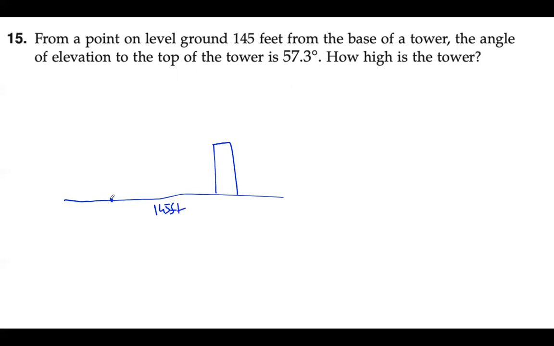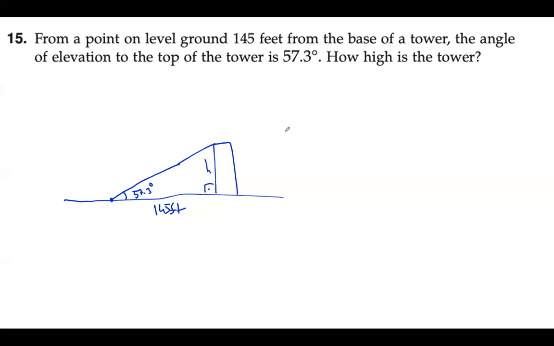The angle of elevation, you know, is the angle from the bottom to the top of the tower. So this is the angle of elevation. It's given, they said 57.3. So I'm writing here 57.3. And the question is, how high is the tower? So they want the height.